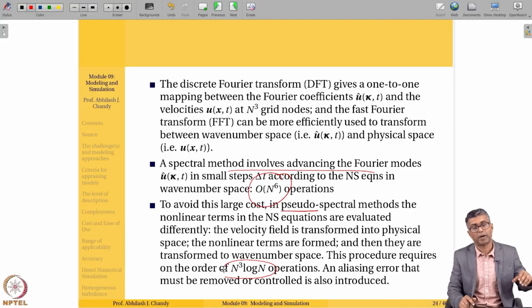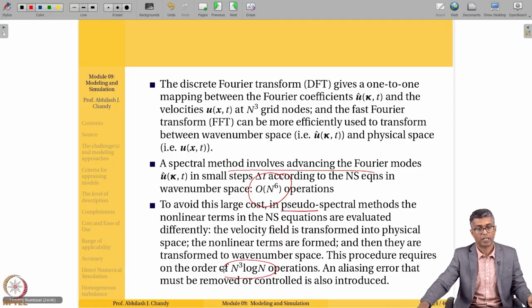But unfortunately, by doing that, there is an aliasing error that must be removed. That aliasing error happens because you are going back and forth between physical space and Fourier space, and that aliasing error has to be controlled. So there needs to be a method applied for that.